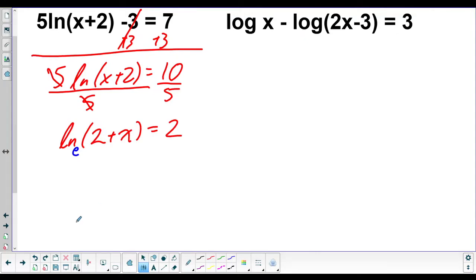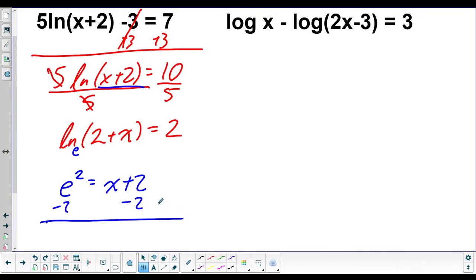Don't worry. We have calculators. Let's rewrite this as an exponential. We have e to the power of 2 equals x plus 2. There, switched it back for you. Now we can subtract 2. Actually, I don't know that I like that. Let's go ahead and plug this into our calculator. We'll type in e to the power of 2, we'll hit enter, and we'll get a decimal.